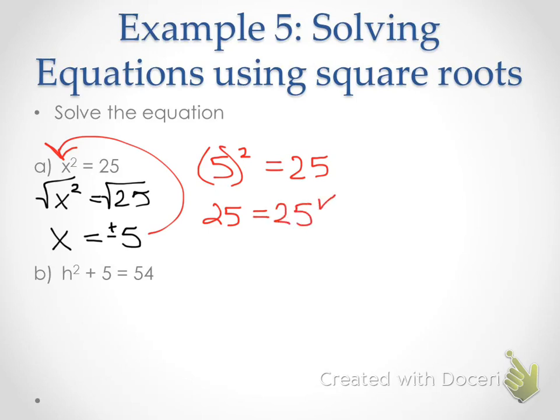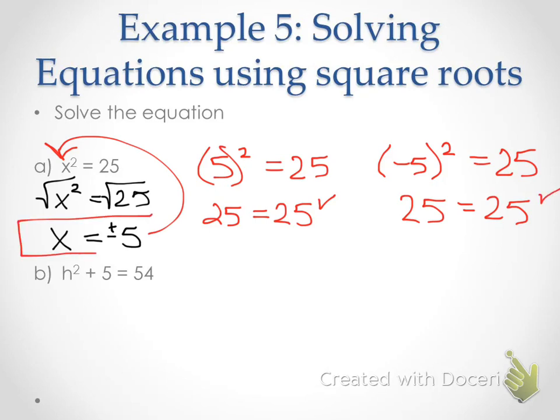It checks out. But what about negative 5 squared equals 25? What's negative 5 squared? 25. So even if I plugged in negative 5, it still checks out to 25 equals 25. So my solution is positive and negative 5. All right?